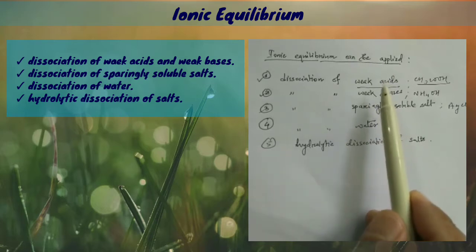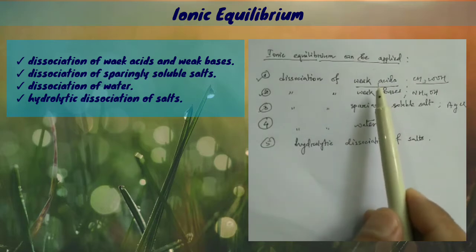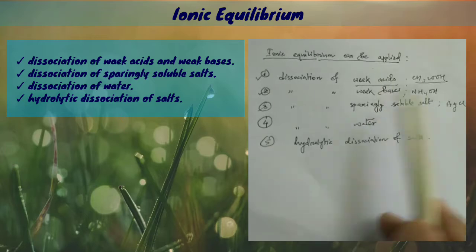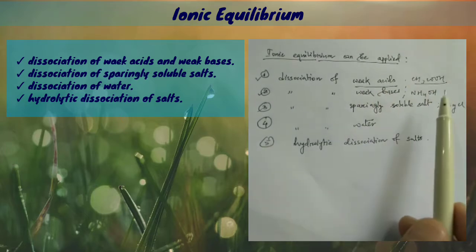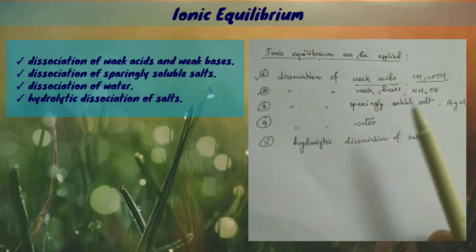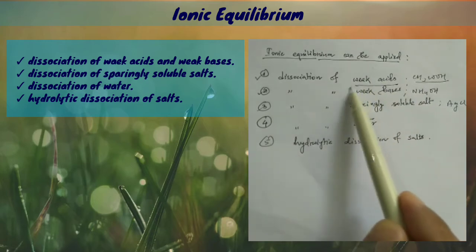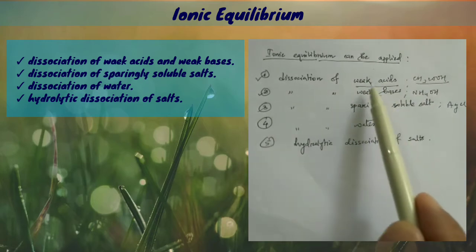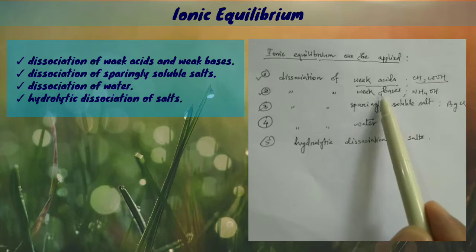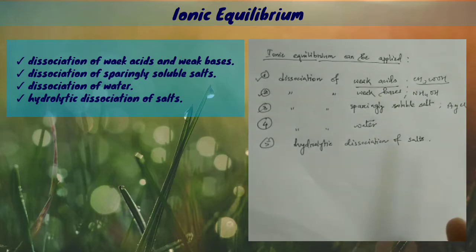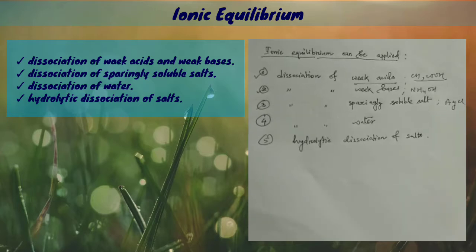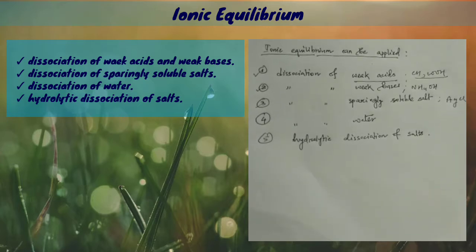The term weak comes from strength, that is, how readily they dissociate into their ions. To understand weak acids and weak bases, we need to know about acids and bases. So let us now discuss some basic concepts of acids and bases.